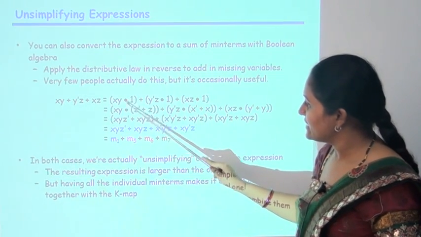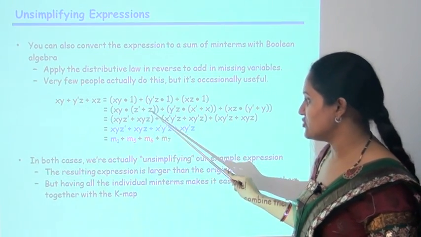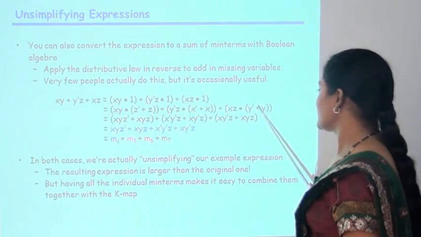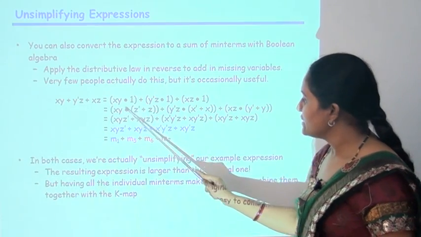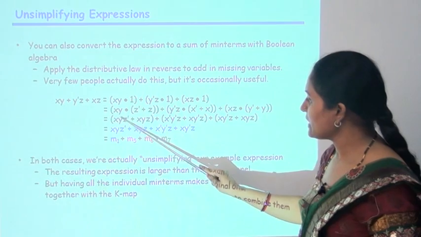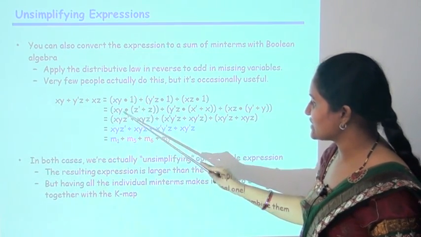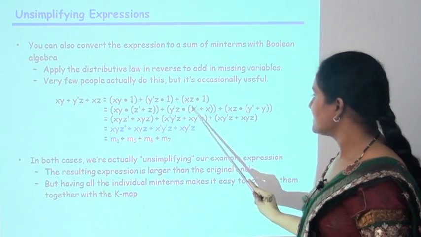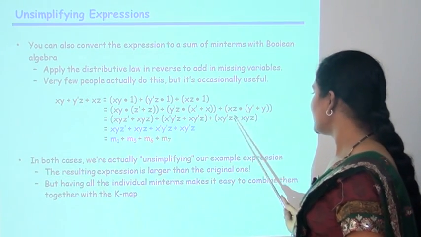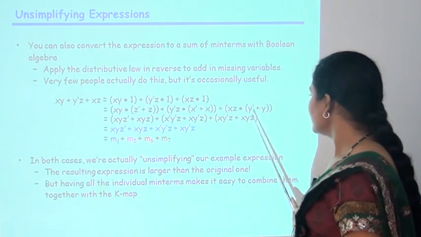Now for xy, z is missing, so z-bar plus z. Here x is missing, so x-bar plus x. Here y is missing, so y-bar plus y. Now using the multiplication, that is distributive, we get xyz-bar plus xyz, x-bar yz plus xyz, and so on.